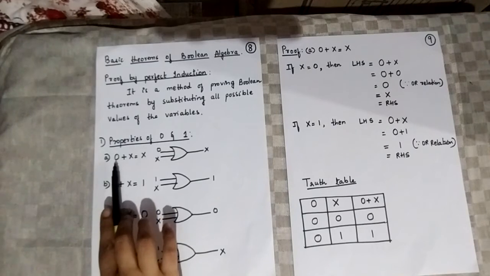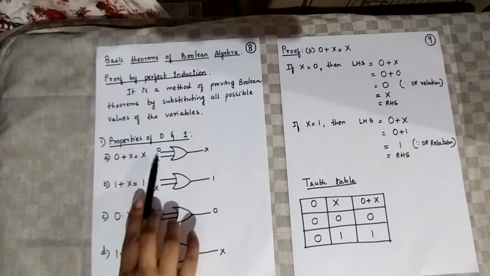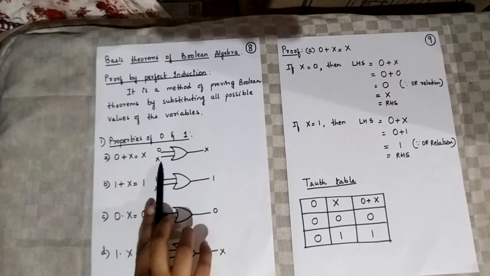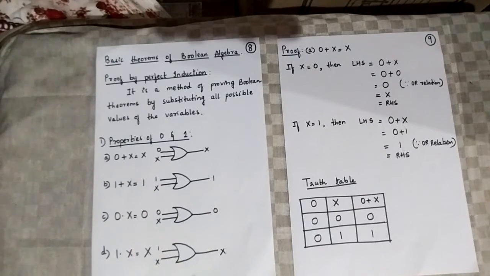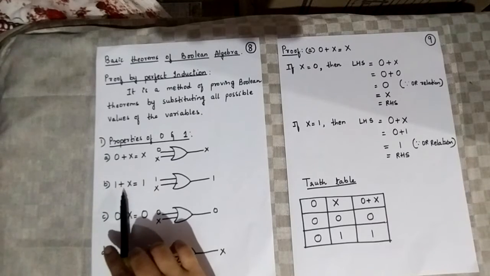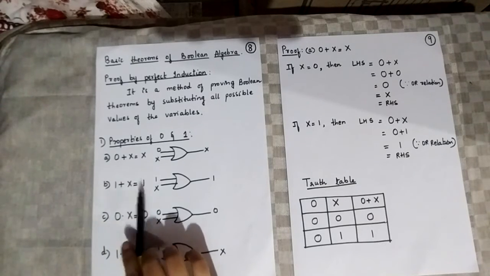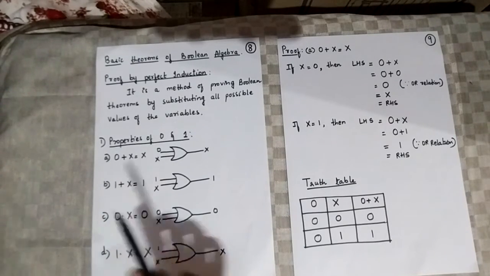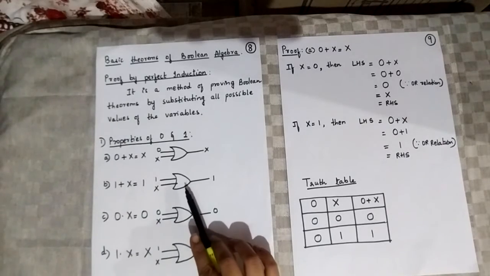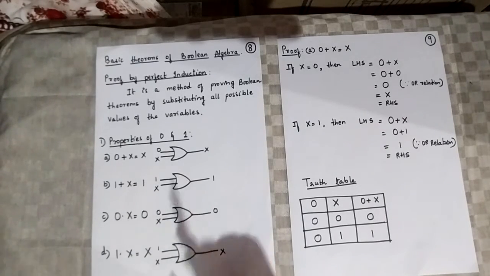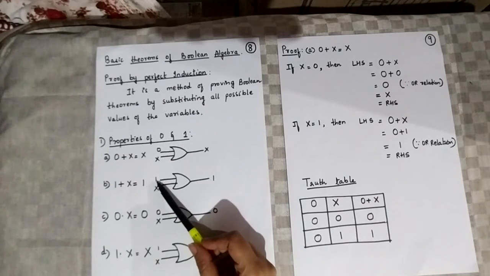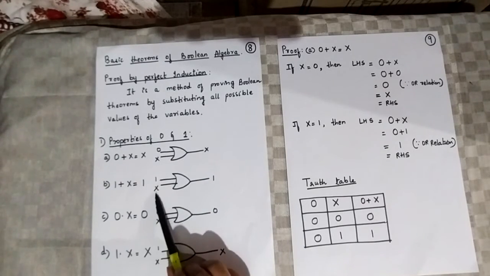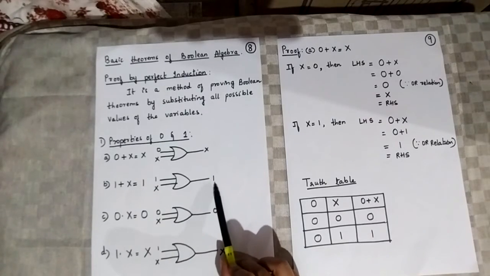To the left hand side, we are taking the inputs 0 and x, and the result is x. Okay. Next, the second one is 1 plus x results in 1. Here also I am using the OR operation, so I am going for an OR gate. To the left hand side 1 and then x, and it is going to result in 1.